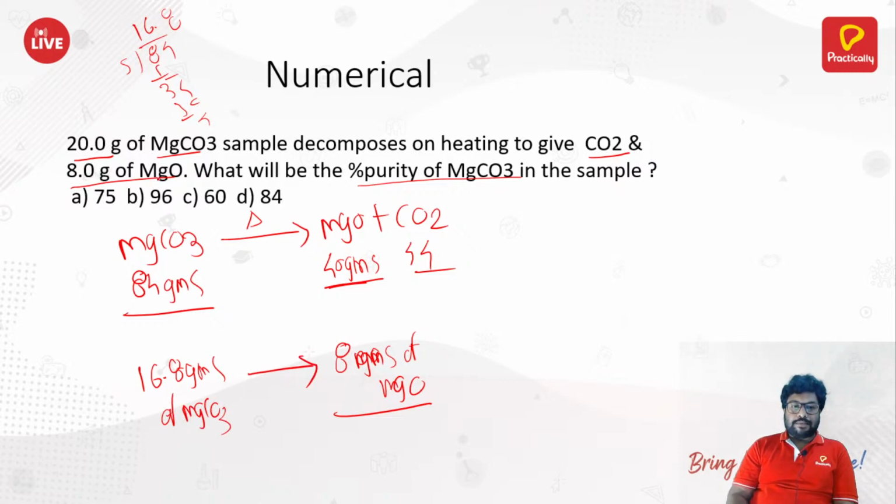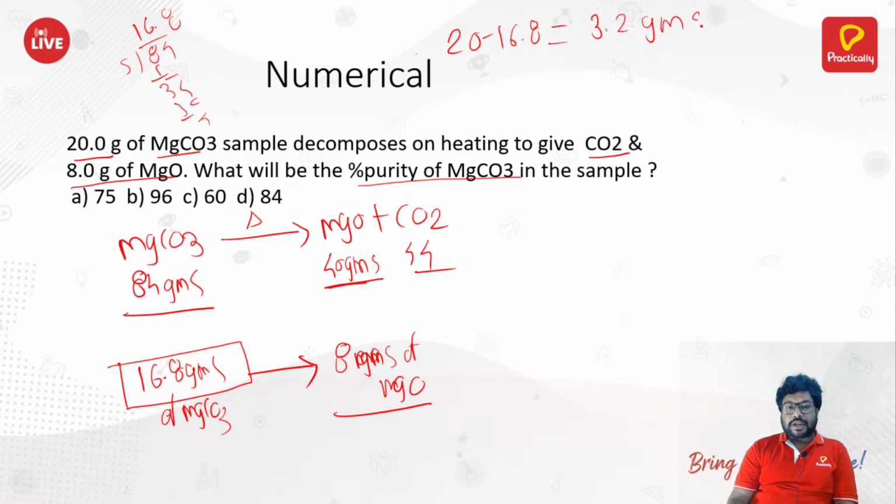You are already getting 8 grams of MgO. That means 16.8 grams of MgCO3 is pure. The remaining is impure. So 20 minus 16.8 is equal to how much? 3.2. So you have 3.2 grams of MgCO3 as impure.